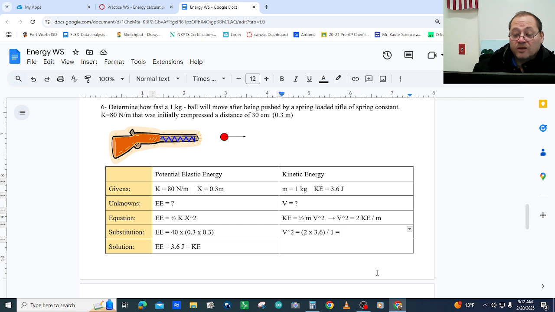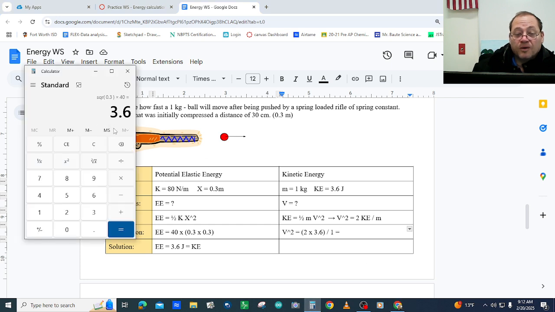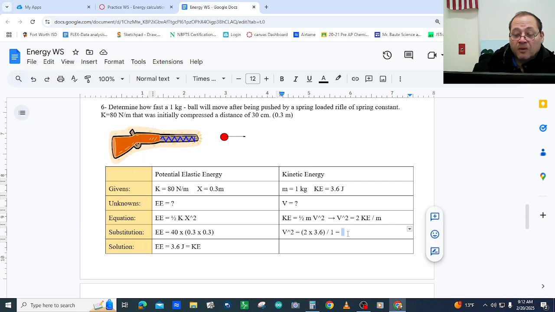How much is 2 times 3.6? 3.6 times 2 is 7.2, divided by 1 is 7.2. Remember, this is in meters squared over seconds squared. Now we can get the velocity as the square root of 7.2, and that will be given in meters per second.